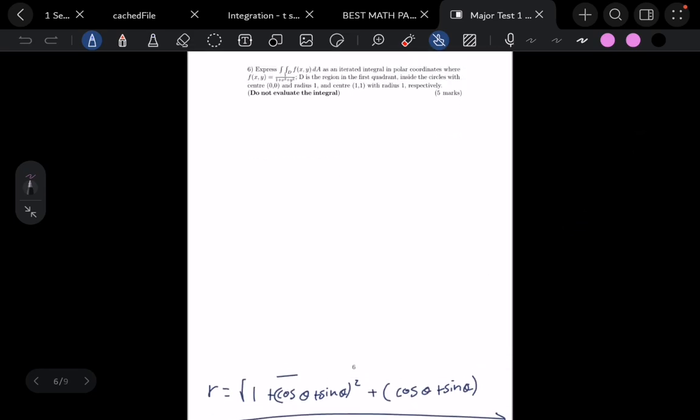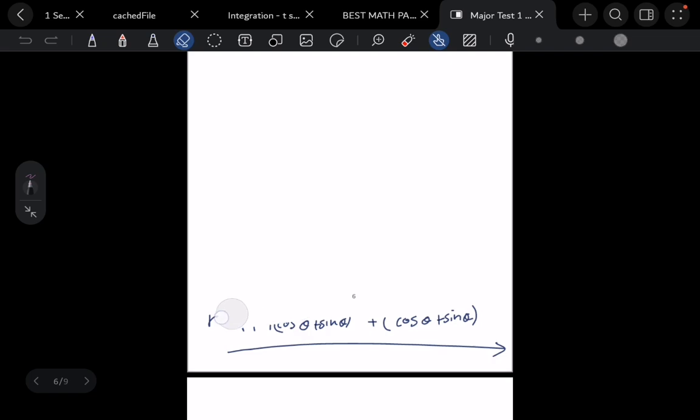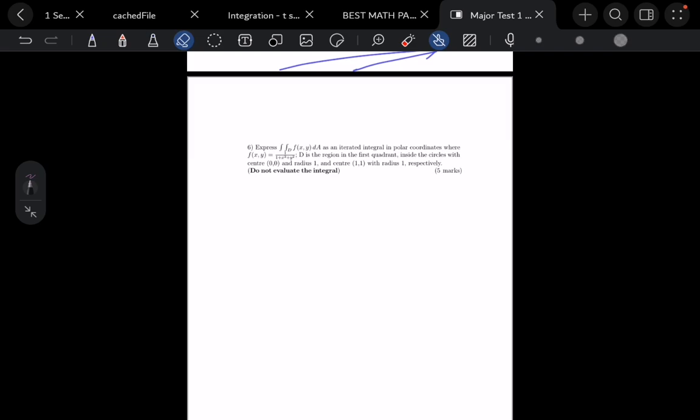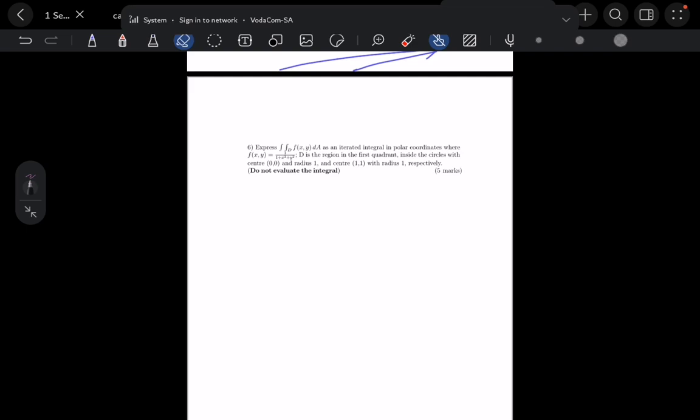Question 6. On question 6, express the double integral over D of f of x, y dA as an iterated integral in polar coordinates, where f of x, y is equals to 1 over 1 plus x squared plus y squared, and D is the region in the first quadrant inside the circle with center 0, 0 and radius 1, and the circle with center 1, 1 with radius 1 respectively.